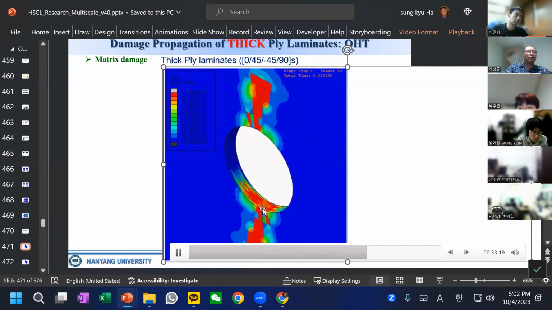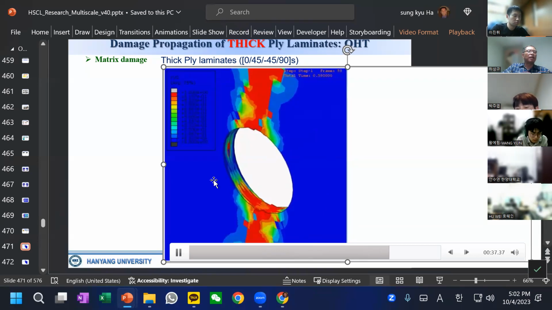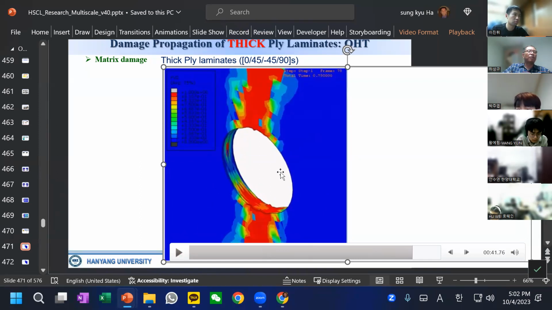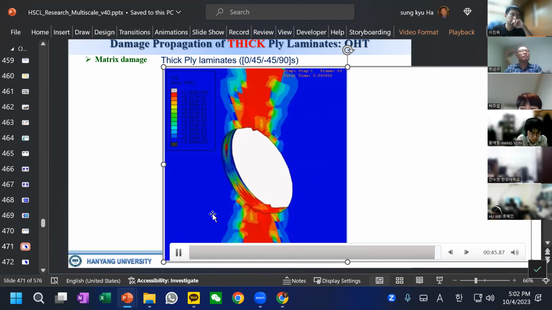As you can see how this damage can generate and propagate. We already know that under open hole tension, the stress is much concentrated here, and that behavior can be well simulated by this analysis.